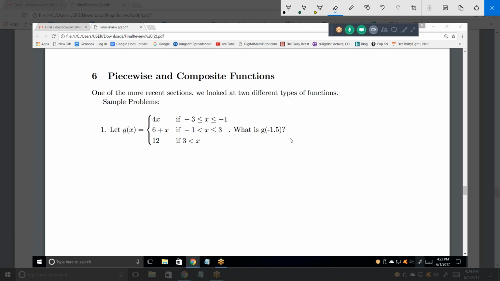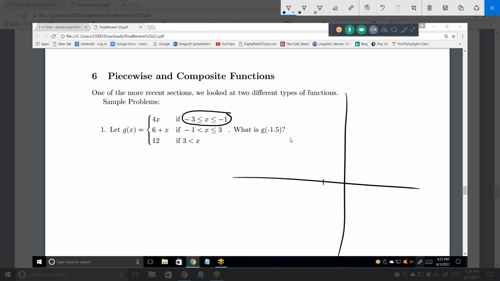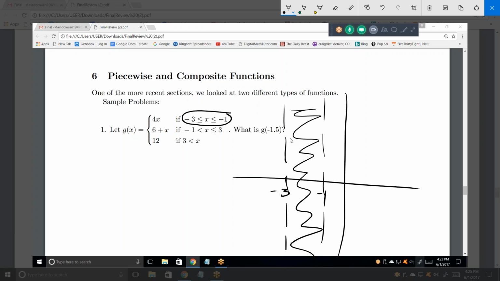If I was graphing this, I'm just going to go through a very quick graph just to show you how I would graph it. Well, this range is between -1 and -3, right? So what it's really telling me is that in that entire zone, my function needs to be 4x.